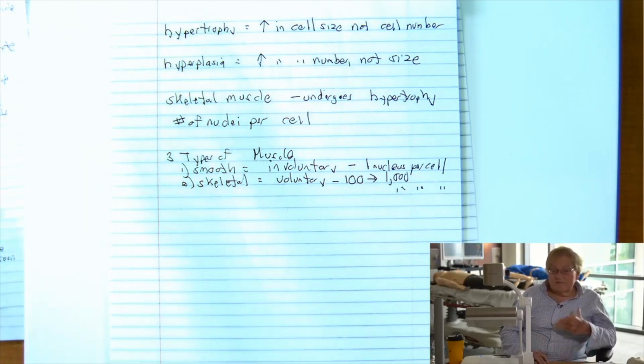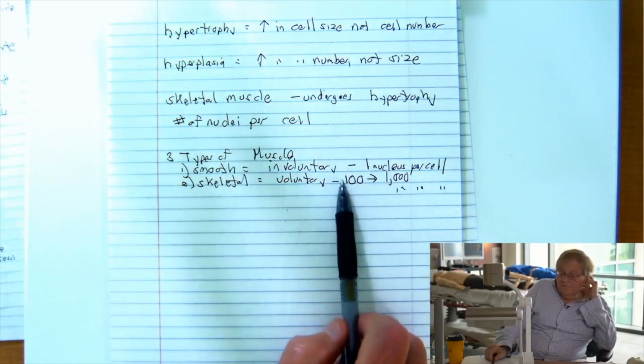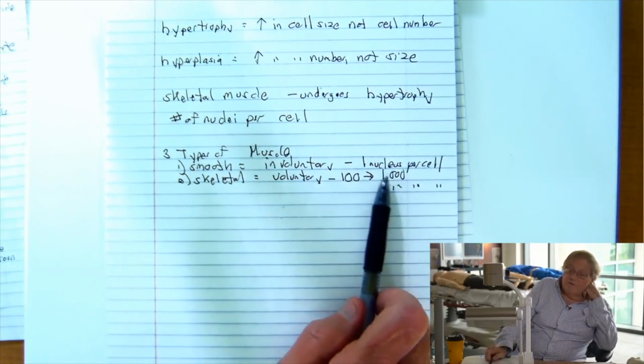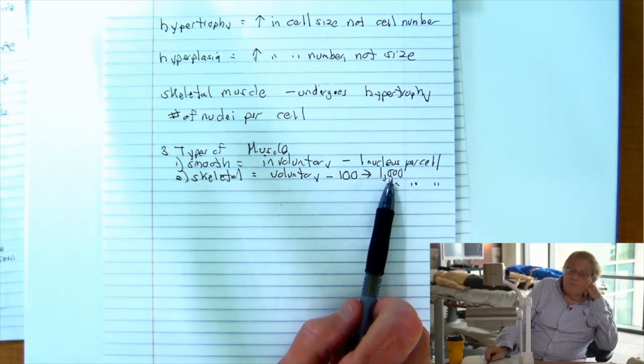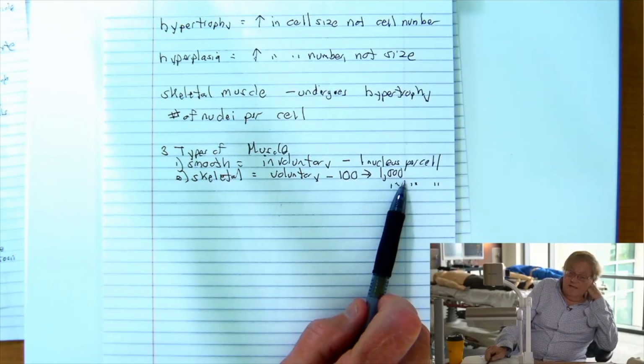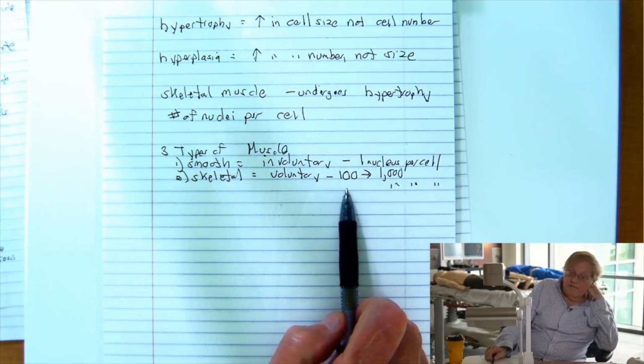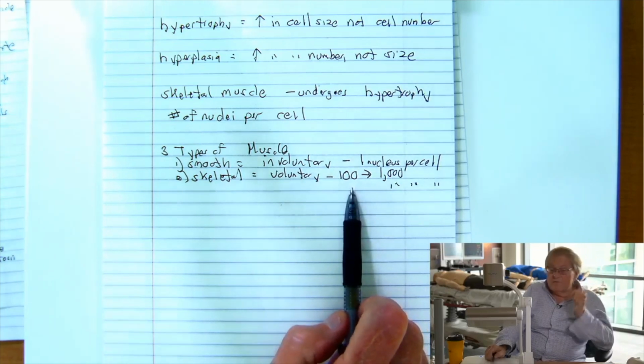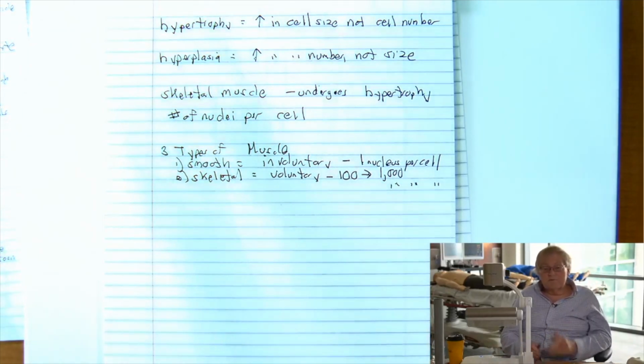It's just that skeletal muscle is going to undergo hypertrophy. And so therefore, the person that went to the gym every day would probably have more like 1,000 nuclei per cell. The person that was what I would call a couch potato would only have 100 nuclei per cell. So those are things that are very important to think about.